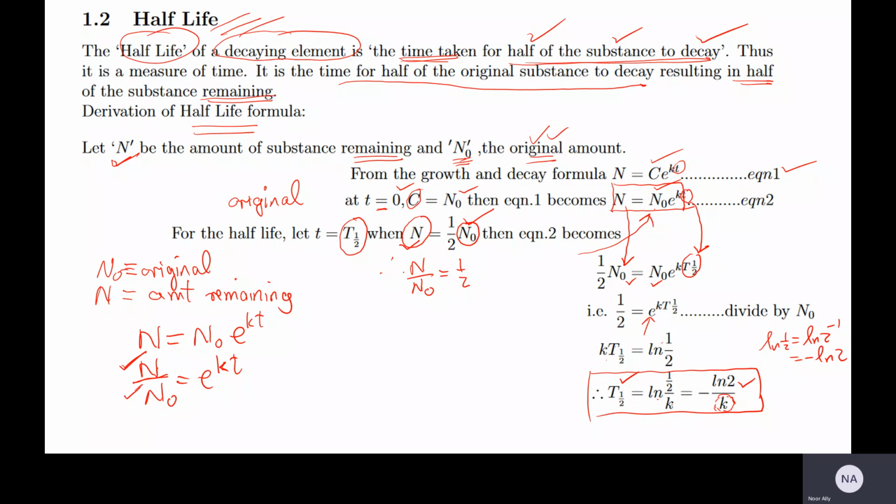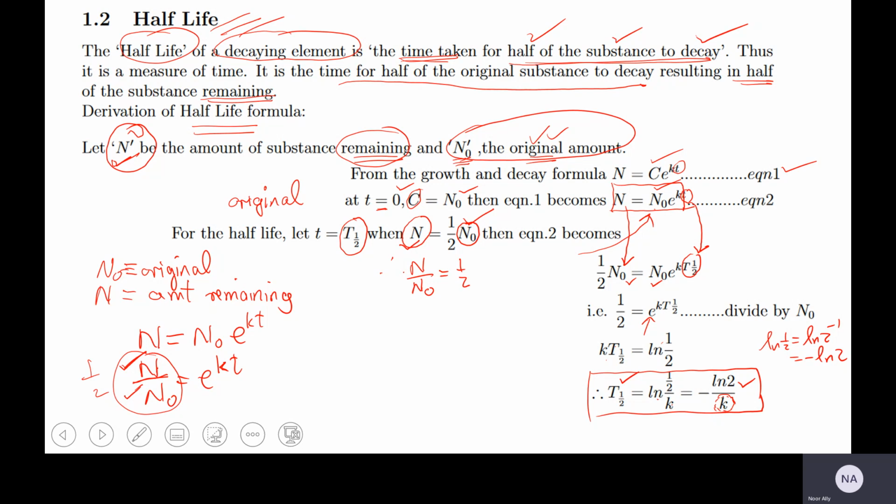It's manipulation of the formula and knowing exactly what we are talking about. So I must reiterate, N is the amount of substance remaining, N0 the original amount. And if a half remains, obviously the fraction N over N0 will be equal to a half.